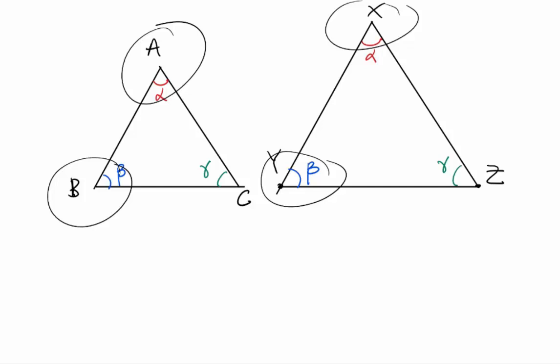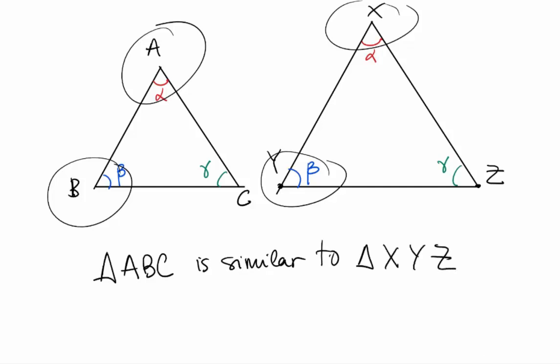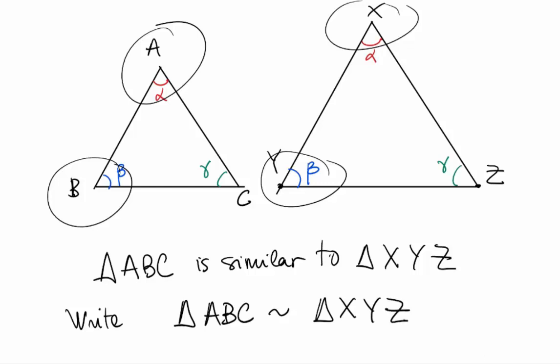So the notation that we use here will say that triangle ABC is similar to triangle XYZ, and of course order matters when we are enumerating the order in which the vertices of the triangle appear, and we write that triangle ABC, this symbol here, stands for similar to triangle XYZ.